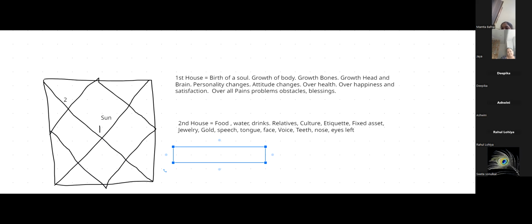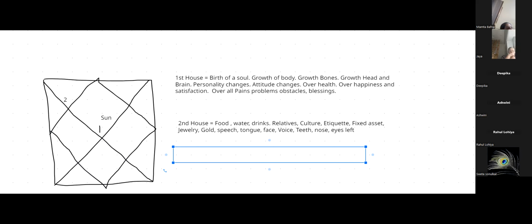Then your shoulder, hands, fingers, nails, or rather nails is another house. Yeah, fingers, thyroid glands. So if somebody has this protruding thyroid here at the neck level and has a thyroid issue, you know which house to check.